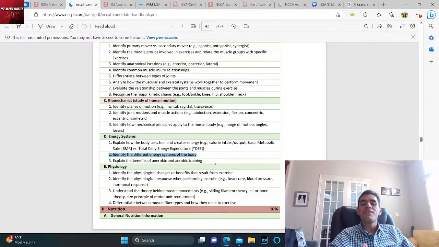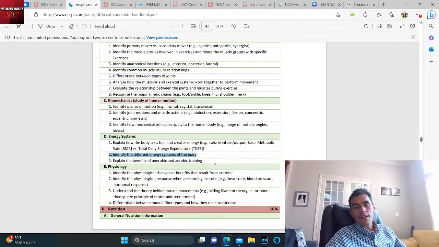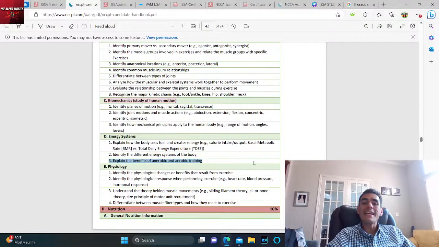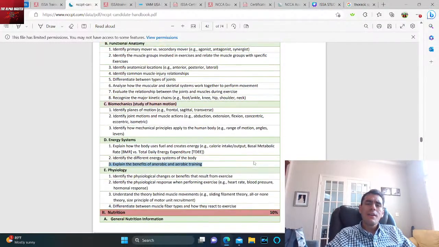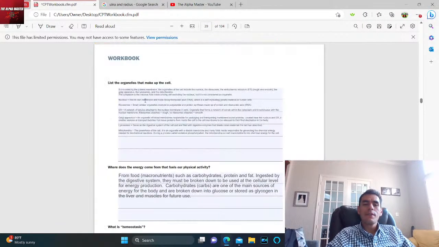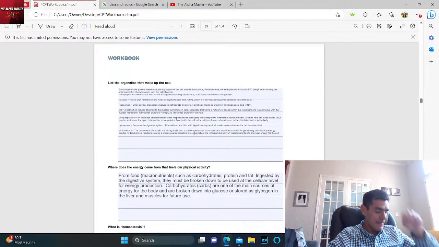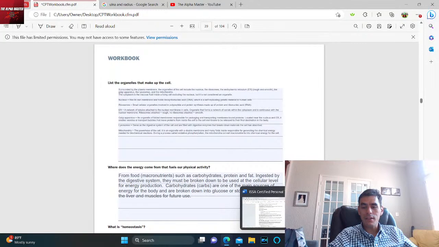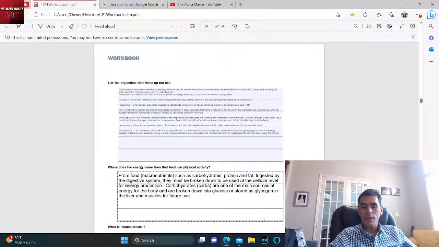Identify the different energy systems in the body, definitely the ATP-CP, glycolytic and oxidative, and then explain the benefits of aerobic and anaerobic training. So we don't really have to study biology, which is one of the parts when we first start a chapter, the organelles that make up the cell. We don't really need to learn this. It's not something that is necessary.